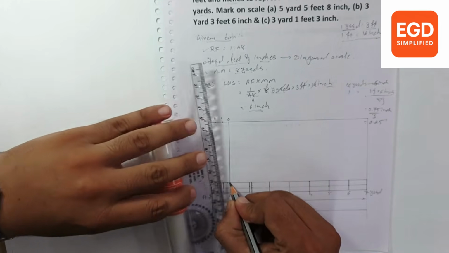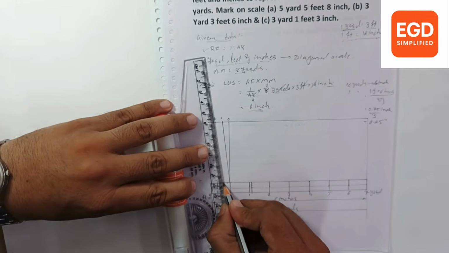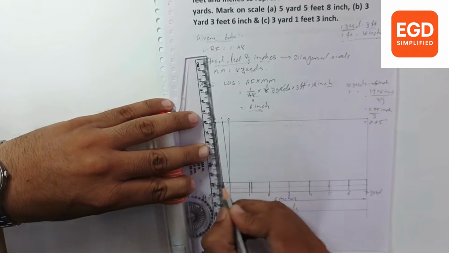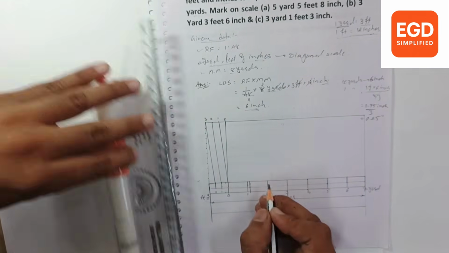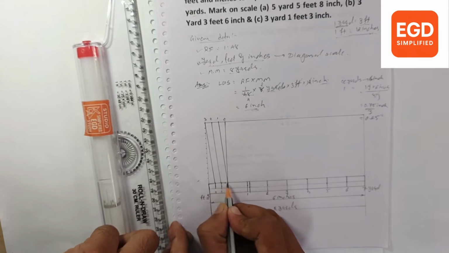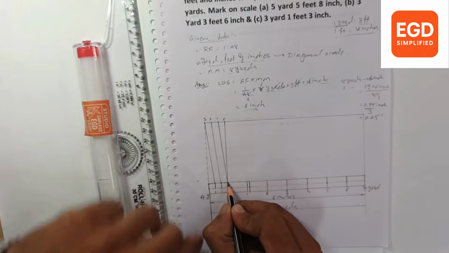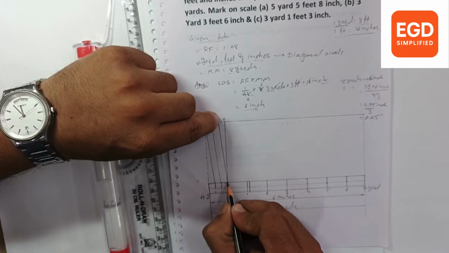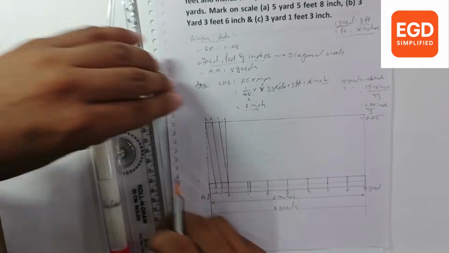We will connect this 0 with 1, then 1 with 2, 2 with 3. This indicates that 0 and 1 is the actual horizontal measurement that we are going to measure. So we have extended this 1 point to here, and now by these points we are sketching the straight horizontal line.